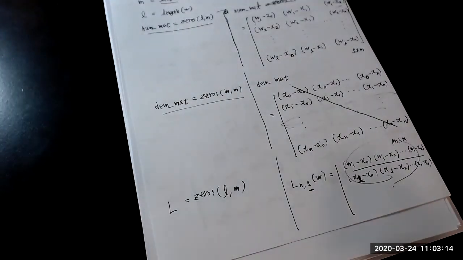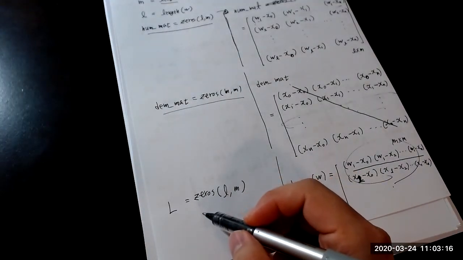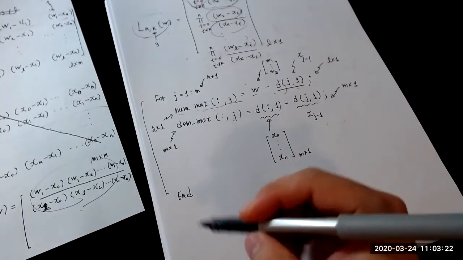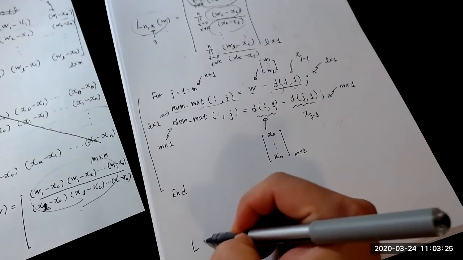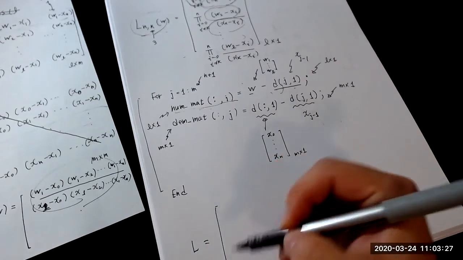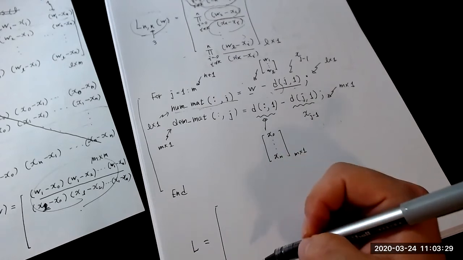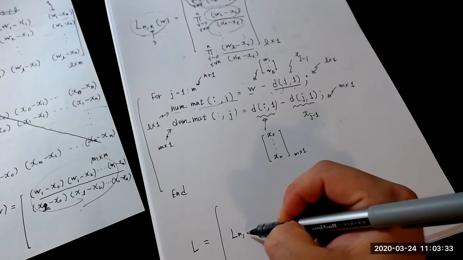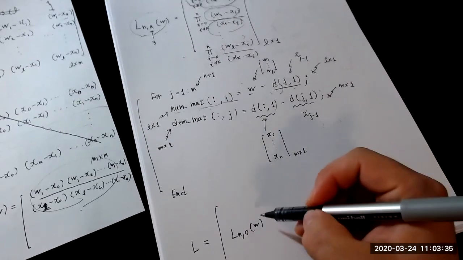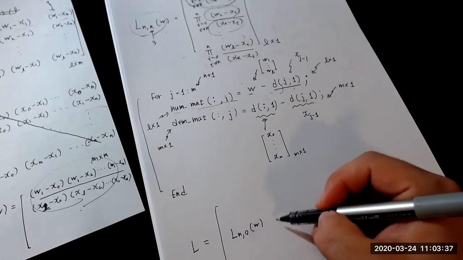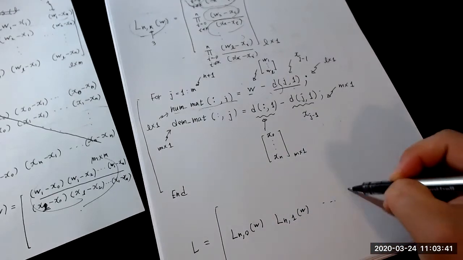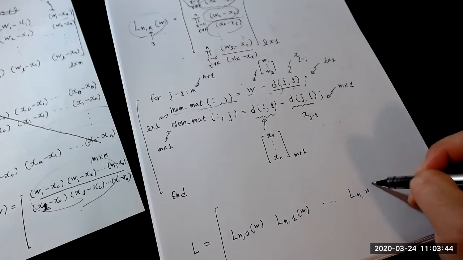So what is this? This is a matrix of the Lagrange polynomial at W. What does that mean? L is going to be an L by M matrix, which means that the first column is going to be L_{n,0}(W), and the second column is going to be L_{n,1}(W), through L_{n,n}(W).